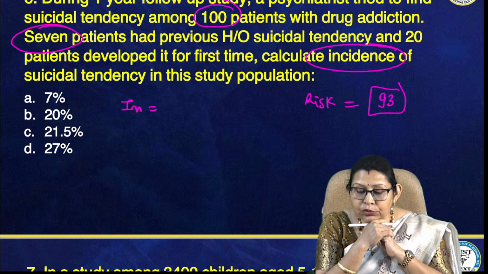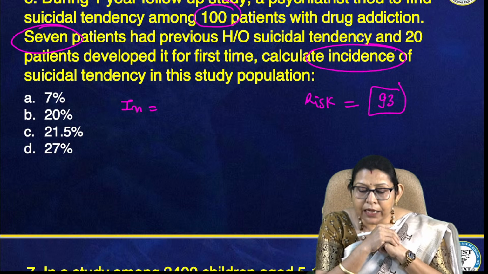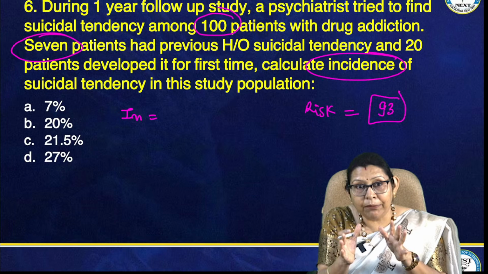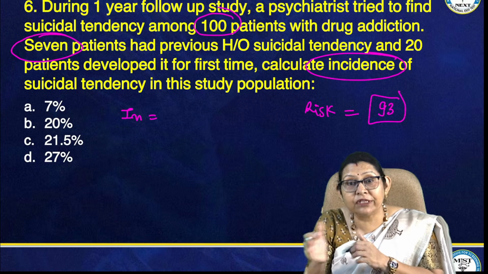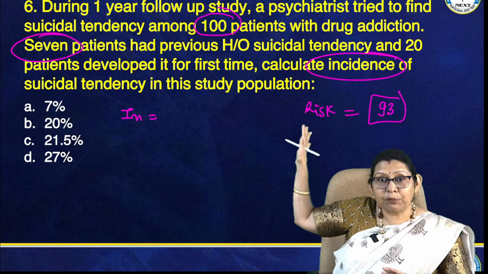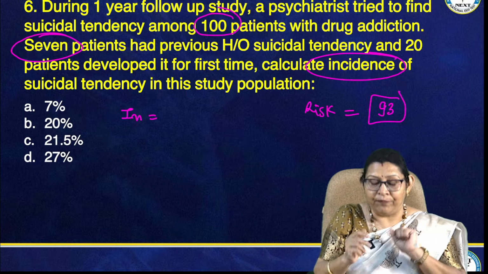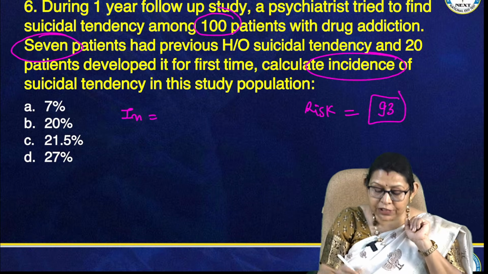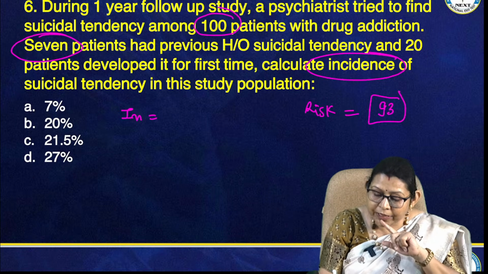So beta, those who are answering B, be very careful that here the total is 100, but 7 already have the suicidal tendency. So what is the at-risk population? 93. Now I have to calculate the incidence from this at-risk population, and how many are new cases?